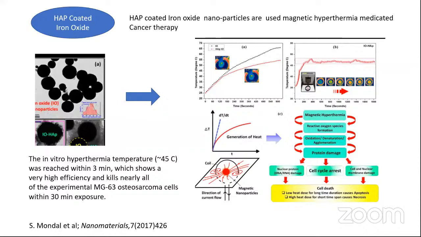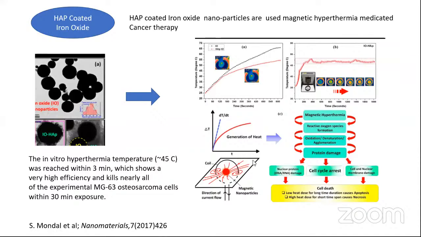So the in vitro hyperthermia, that is up to 45 degrees Celsius, was reached within 3 minutes, which shows a very high efficiency, and kills nearly all of the experimental MG63 osteosarcoma cells within 30 minutes exposure. So MG63 osteosarcoma cells, these are the cancer cells, and these are killed within 30 minutes exposure.